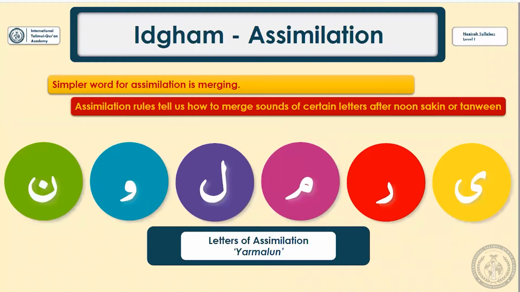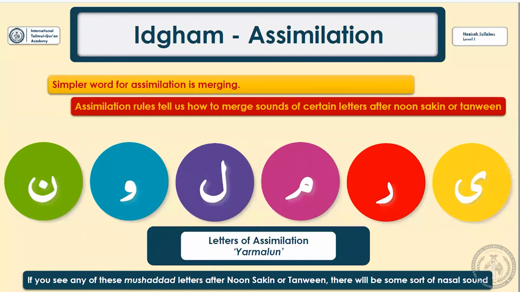You've already looked at some of them, and a good way to remember the letters where you need to do Idgham is by remembering the word yarmalun. These are the 6 letters where assimilation will take place.